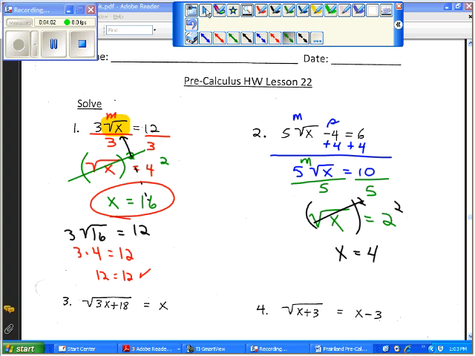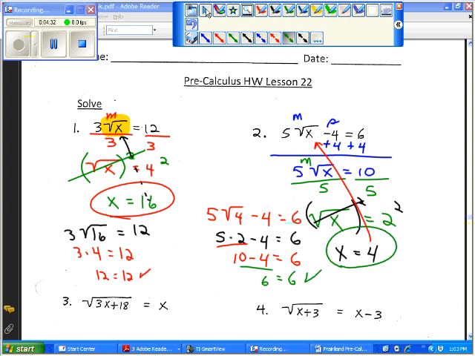Once we get a solution, we don't just circle it. We have to verify that it really does work. So we'll need to plug that back in. And so we'll have 5 times square root 4 minus 4 equals 6. Square root 4 is 2, so 5 times 2 minus 4 is 6. 10 minus 4 is 6. 6 equals 6.